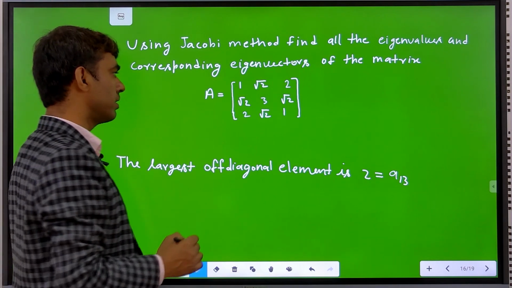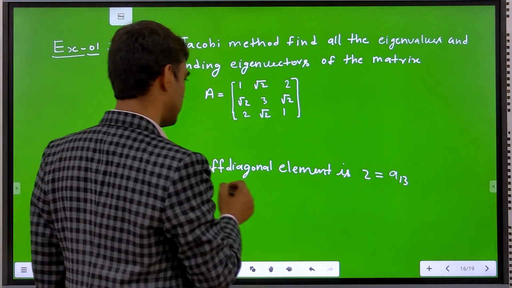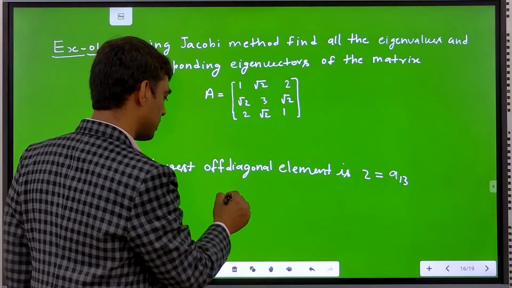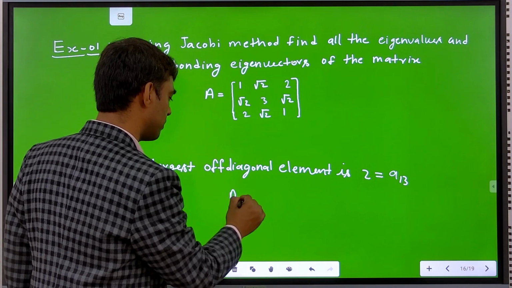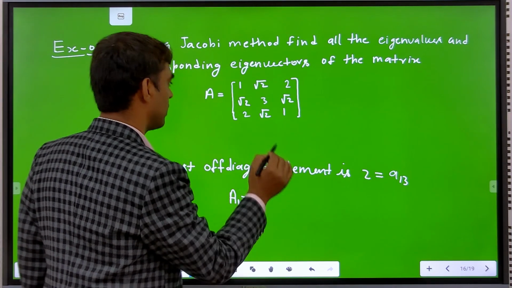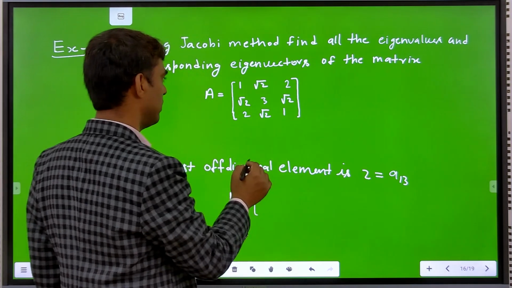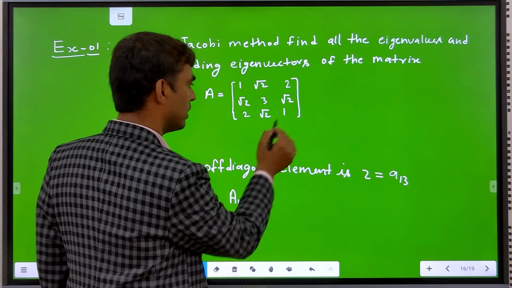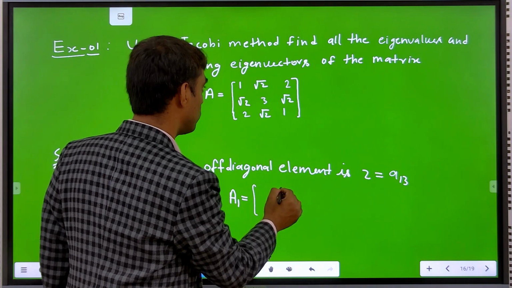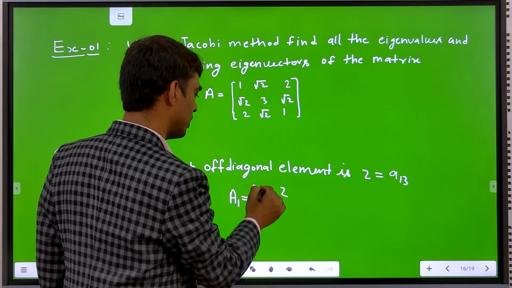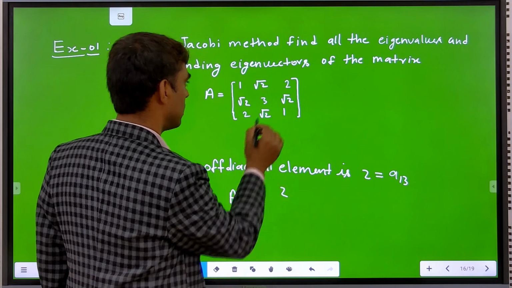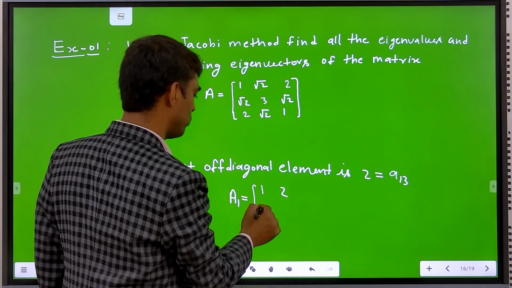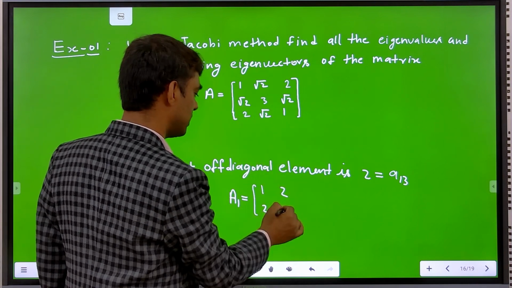So first of all we try to convert the submatrix A1, that is, A11 with A13 being 2, and A11 being 1, A31 being 2 and A33 being 1.